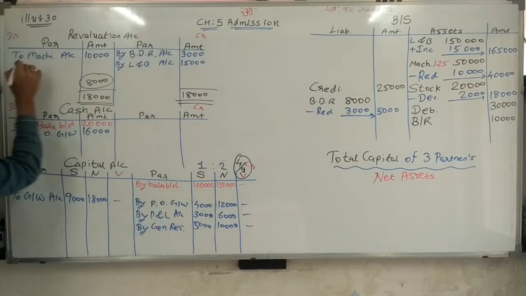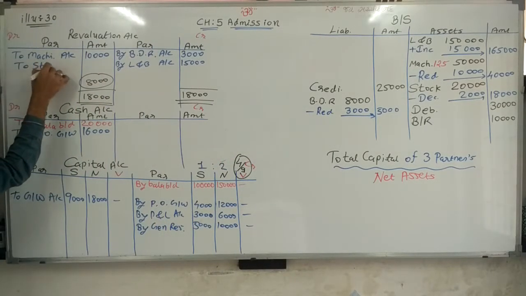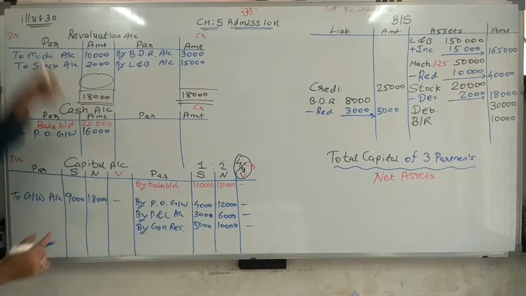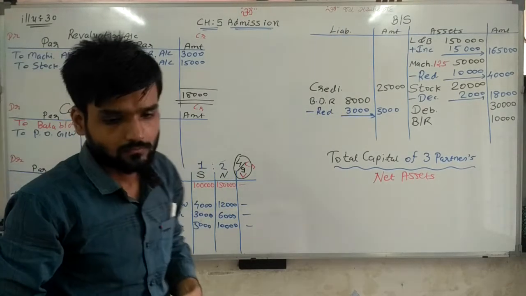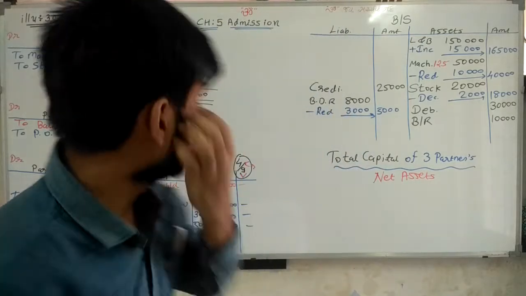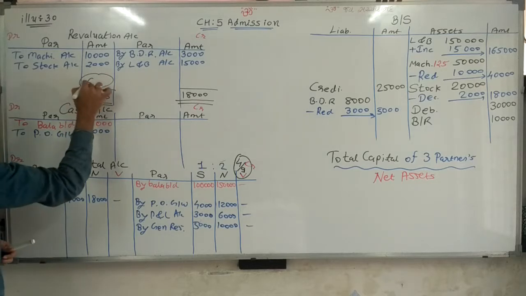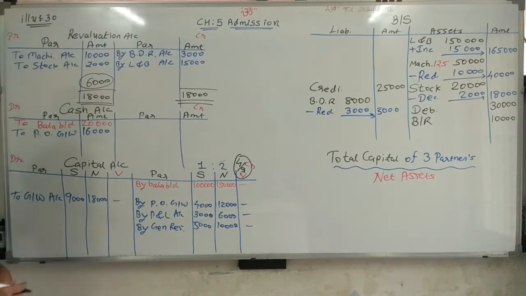So the stock value decreased, and 8,000 minus 2,000 leaves 6,000.